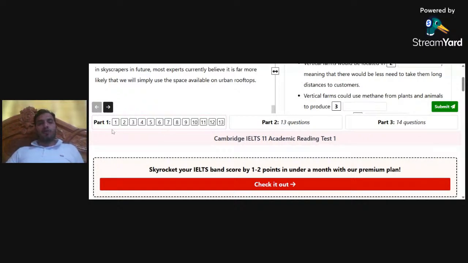As we move from part 1 to part 2 and then part 3, the difficulty level increases, and the types of information that we are looking for also become more difficult.